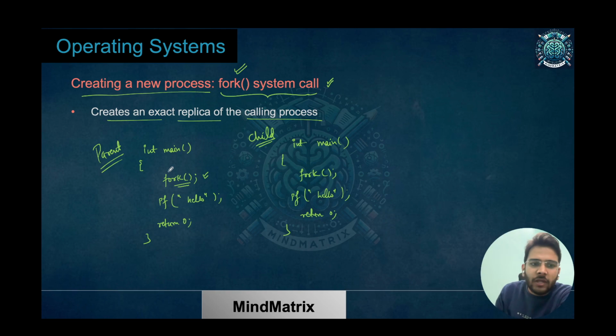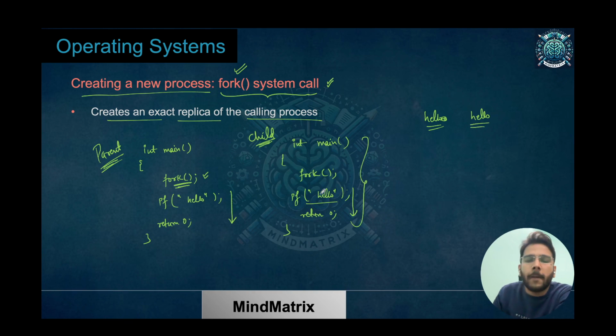Now let's say you call this fork statement. This entire copy will get created, and after that, both the parent process and the child process will start executing after the fork statement, that means from here on. So this parent process is going to print hello, right? And similarly, this child process is also going to print hello. And it can be in any order based on the scheduling, whether you execute the child process first or the parent process first.